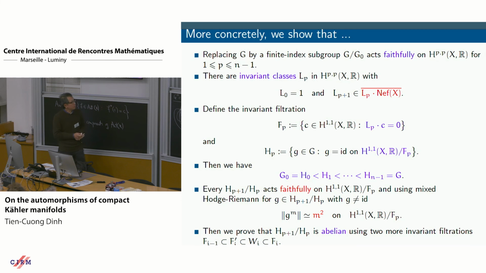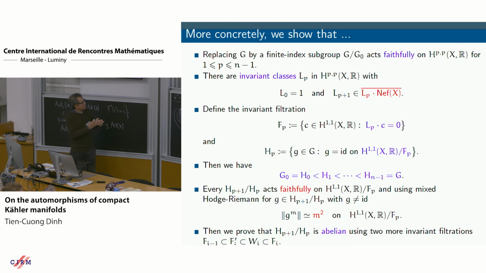But it's more complicated, and we need to introduce two other invariant filtrations. So Fi prime, which is larger than Fi minus 1, and smaller than Wi, and which is contained in Fi.